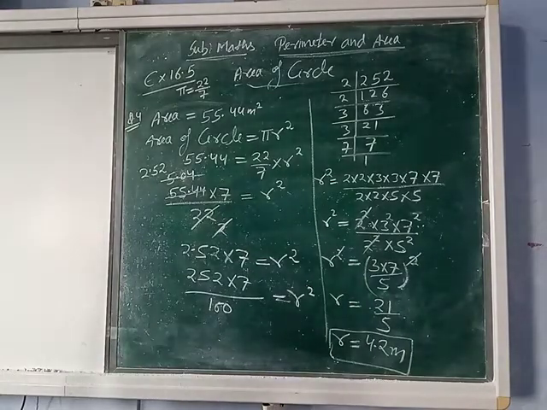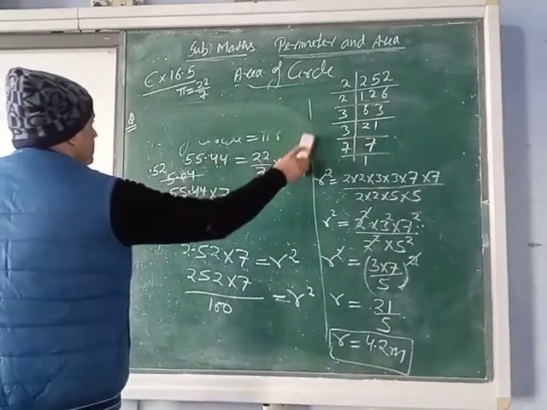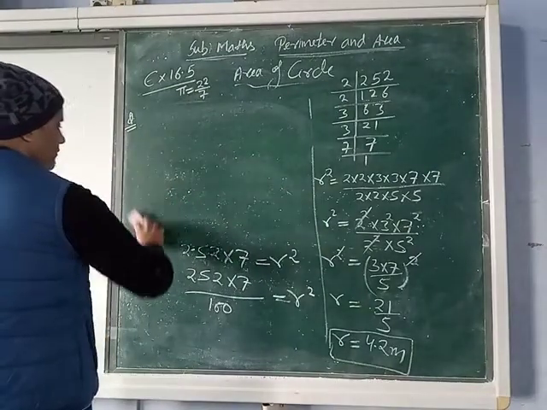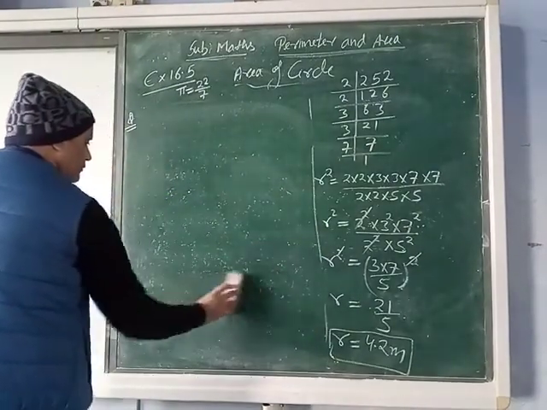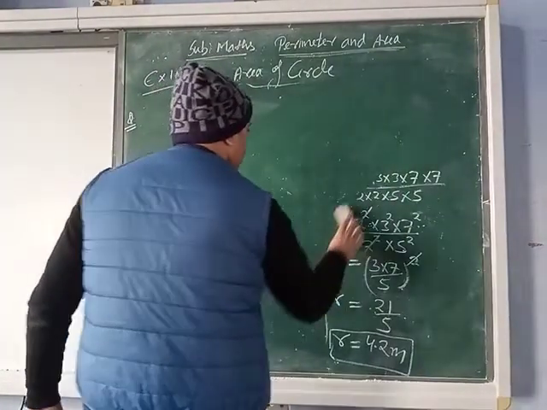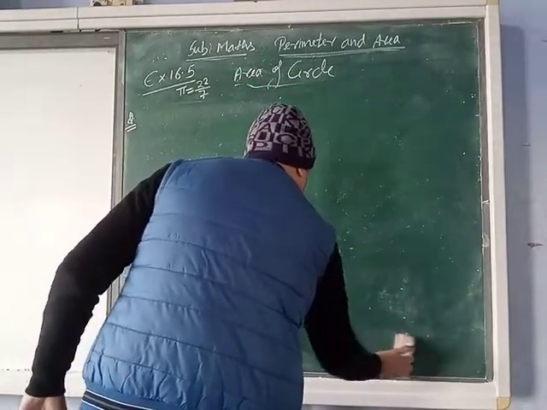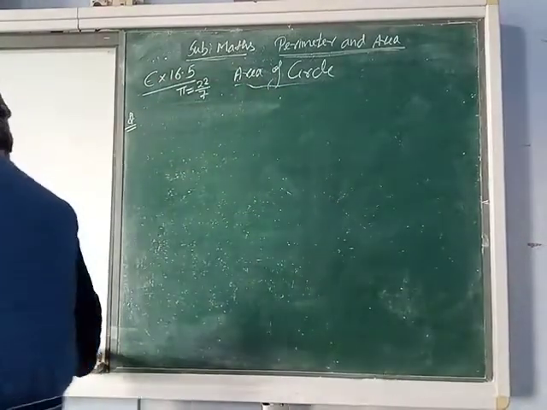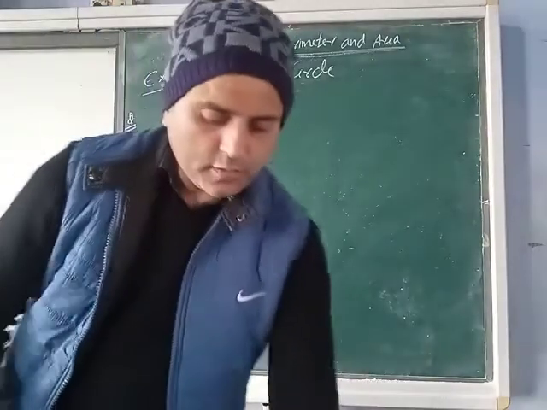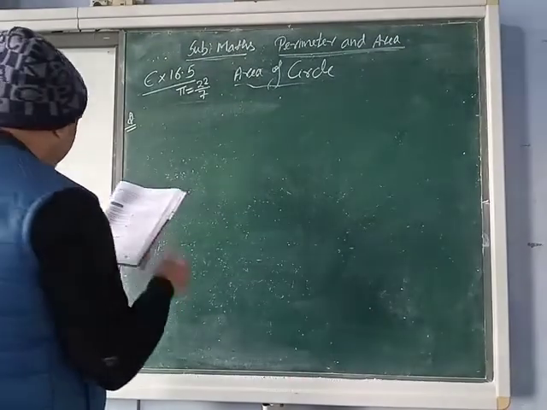Write down. After this, see question number 5. In question number 5, find the circumference of the circle having the following area.